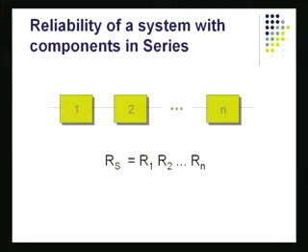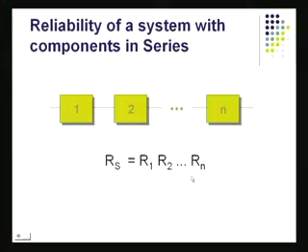So that configuration could be in series, where you have the components all laid out in series. If any of those components fails, the whole system comes down. So if any component fails and the whole system comes down, most likely the components are connected in series. That's like the picture that I show here.